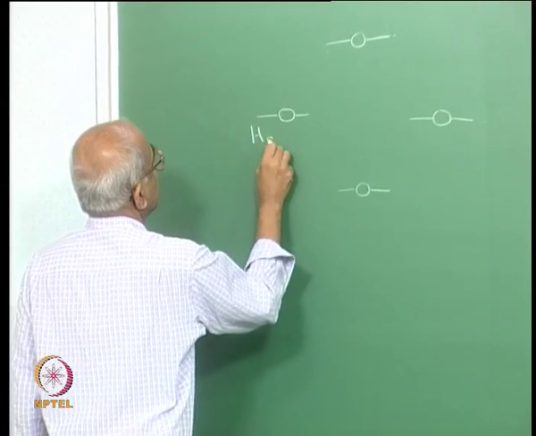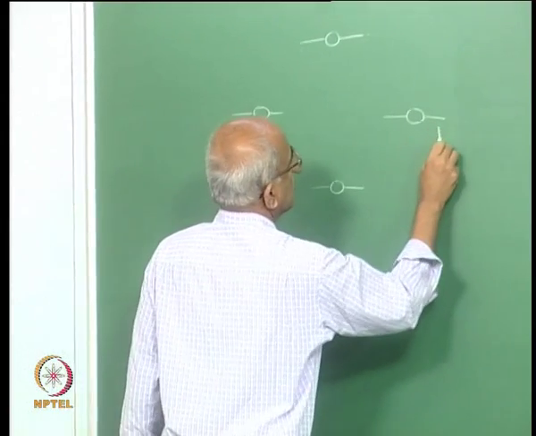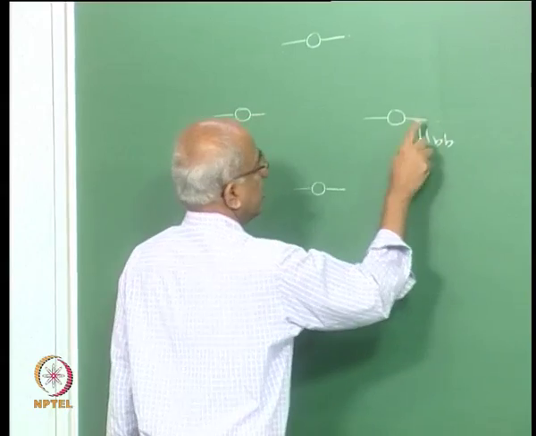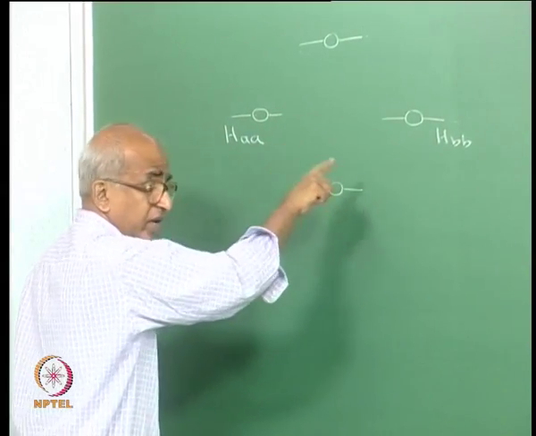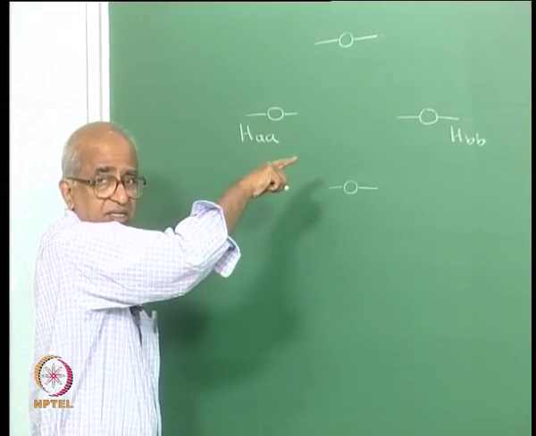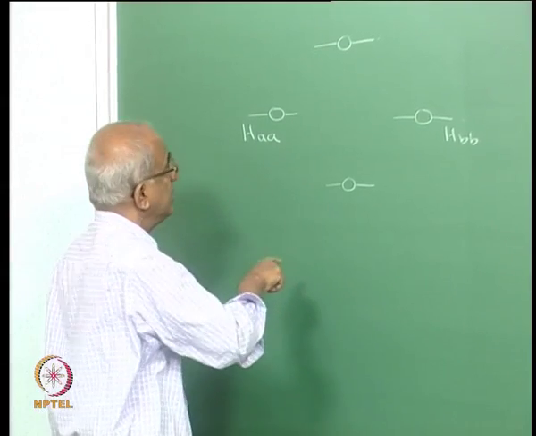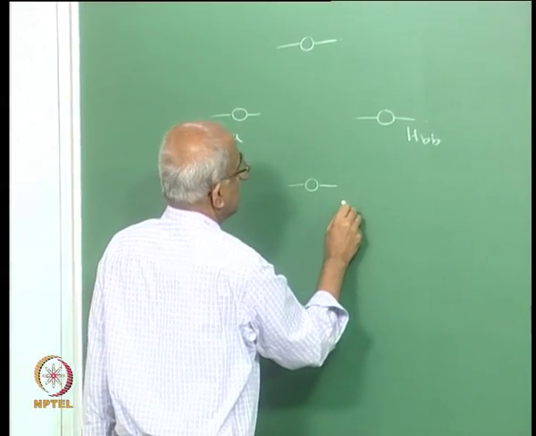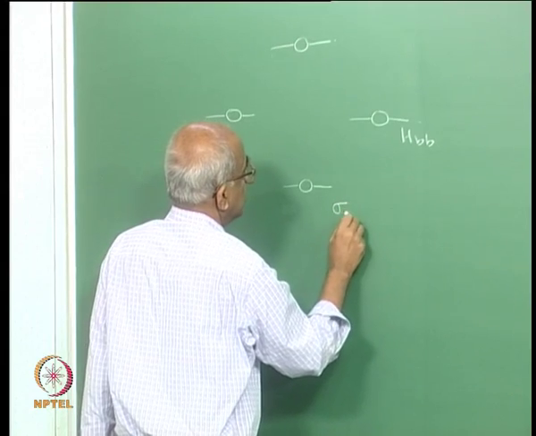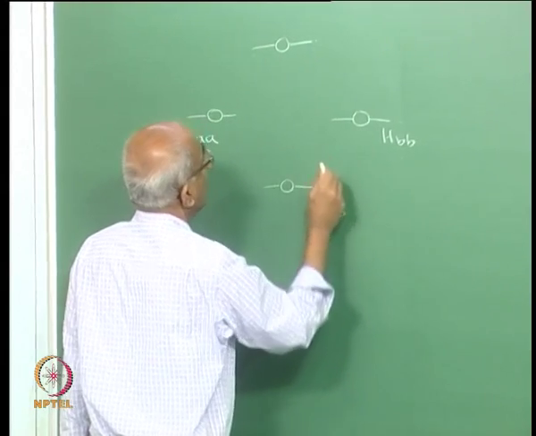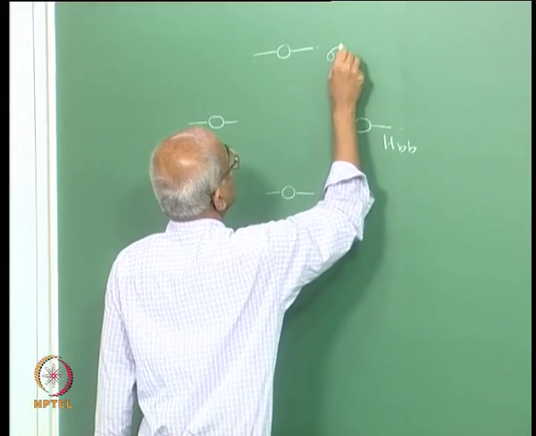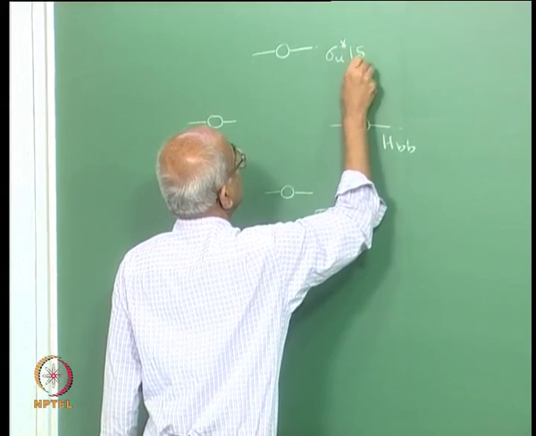And this was our HAA, this was HBB. In the case of hydrogen molecule ion and as well as in the case of hydrogen molecule, they both have the same energy, and this is actually the energy of sigma g 1s, and that is the energy of sigma u star 1s.